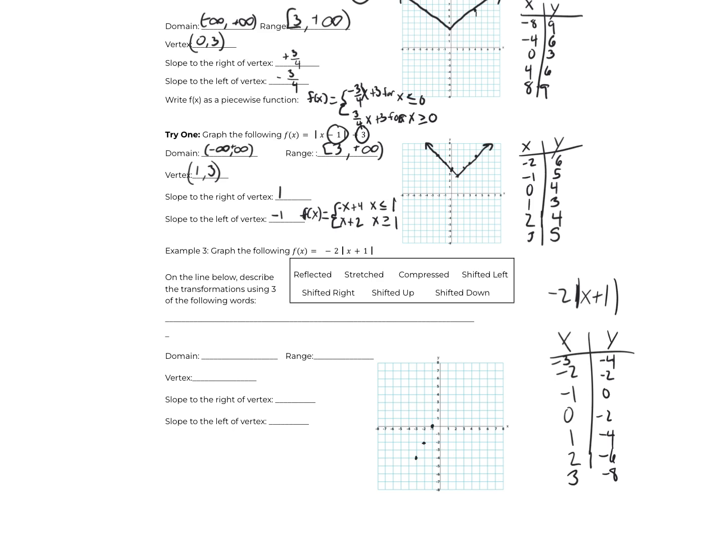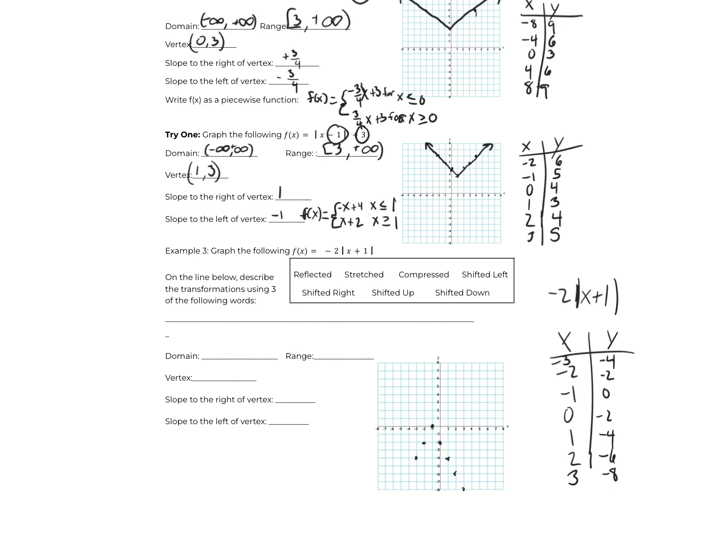Oh, did that the wrong way. Sorry about that. 0, negative 2, 1, negative 4, 2, negative 6, 3, negative 8.